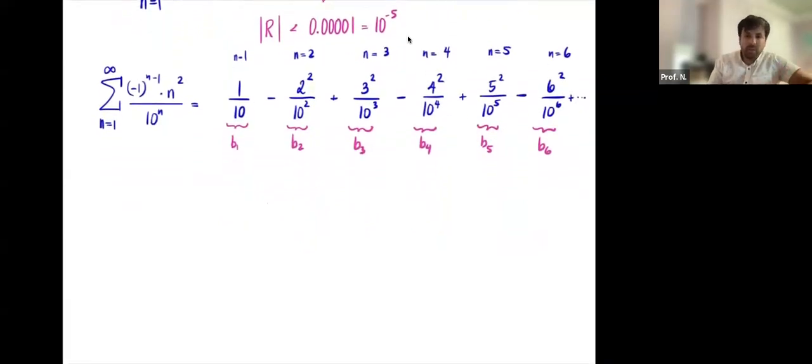Now, what I want to do is have a decimal representation of these numbers, because it helps us understand what the remainder should be. So b sub 1 is 0.1. B sub 2 is 4 out of 100, which is 0.04.